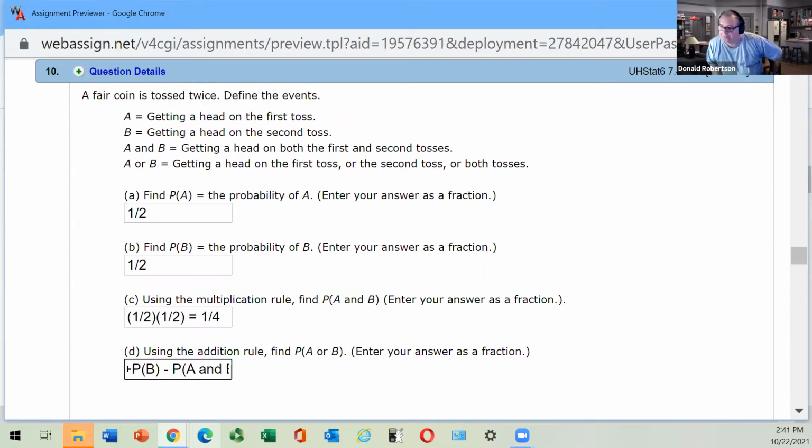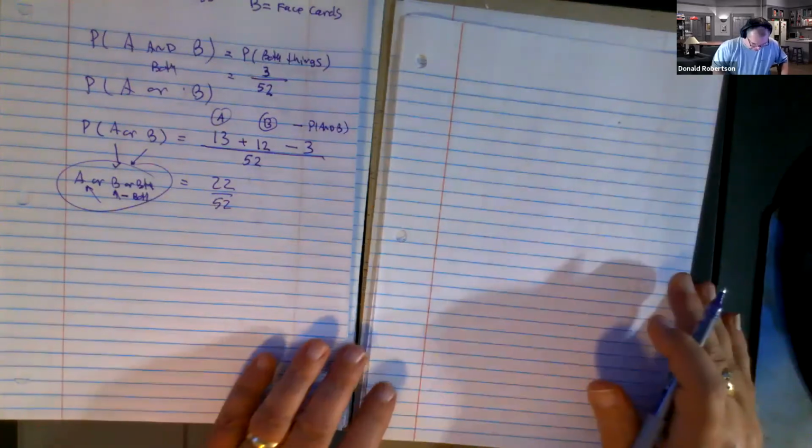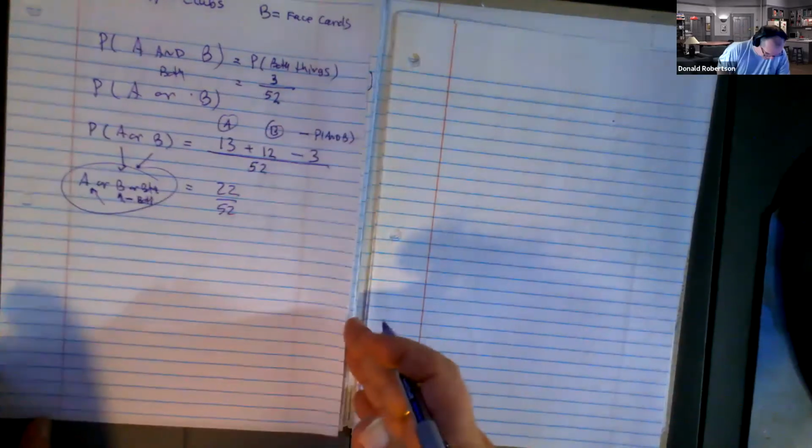There's no overlap. Can you explain how the multiplication rule and the addition rules work? You can only use the multiplication rule if they're independent. The addition rule goes something like this. There are a number of different situations, and depending on the situation, there's the addition rule, the OR rule.